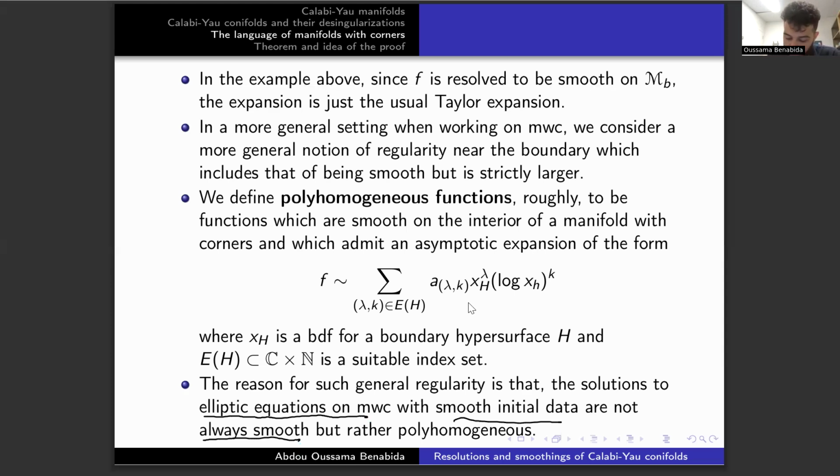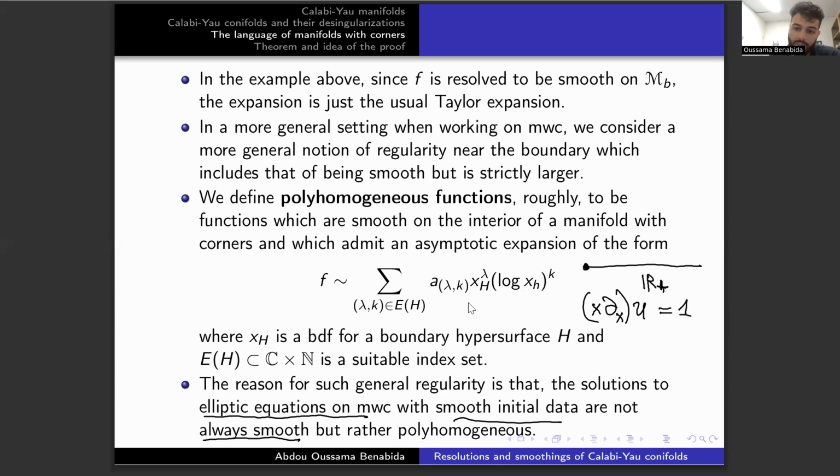So the simplest example is to consider R plus, and we can consider the elliptic operator given by x dx. So we ask, for example, what is u if x dx u is equal to 1?